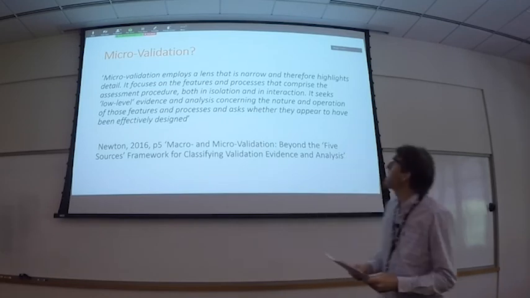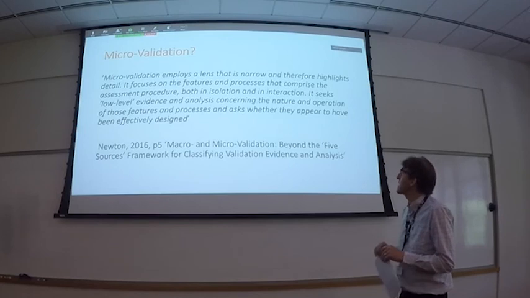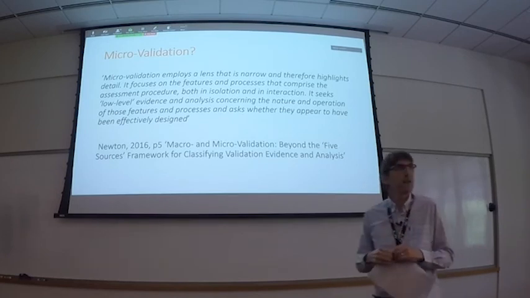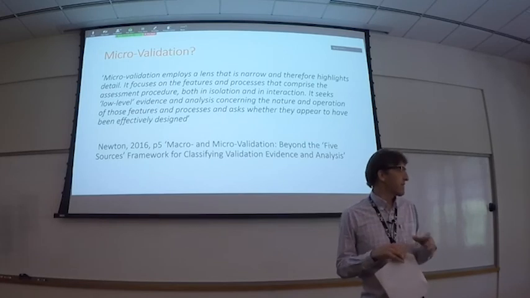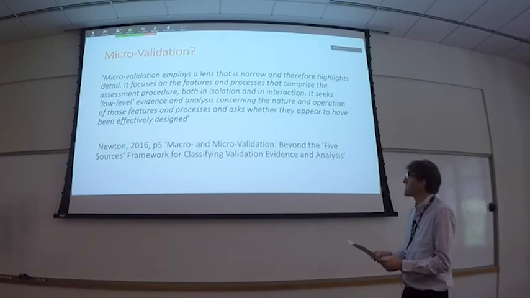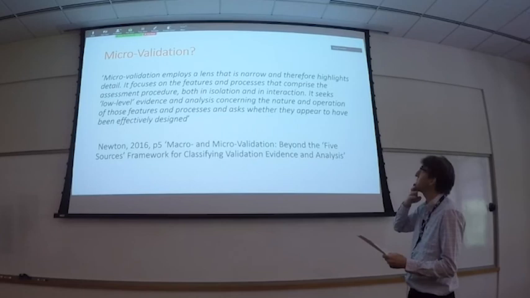Paul Newton has described a distinction between what he sees as micro-validation and macro-validation. What I'm talking about today very much relates to the micro processes in validation. This is how he views that.